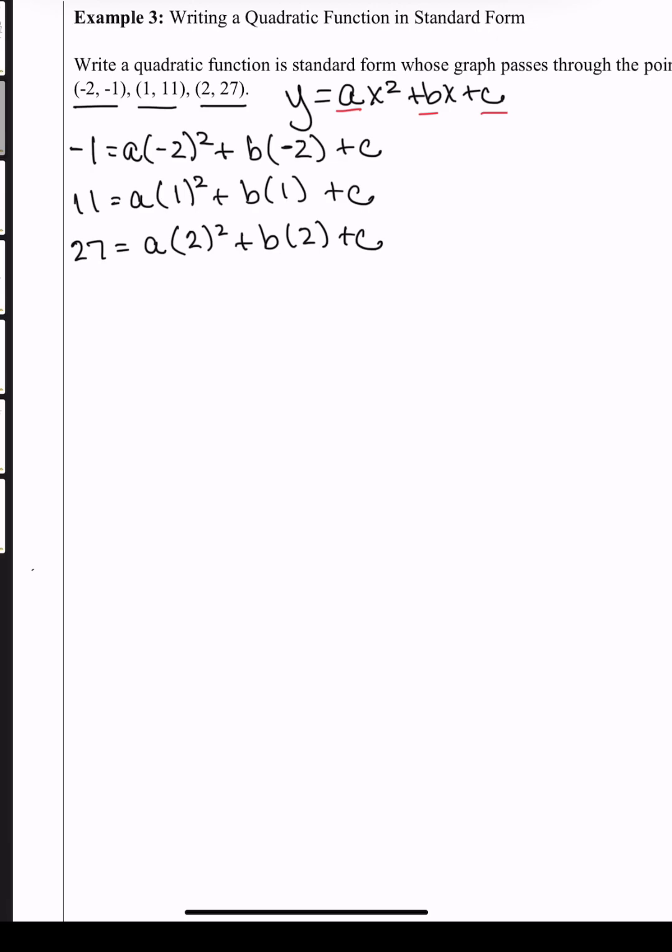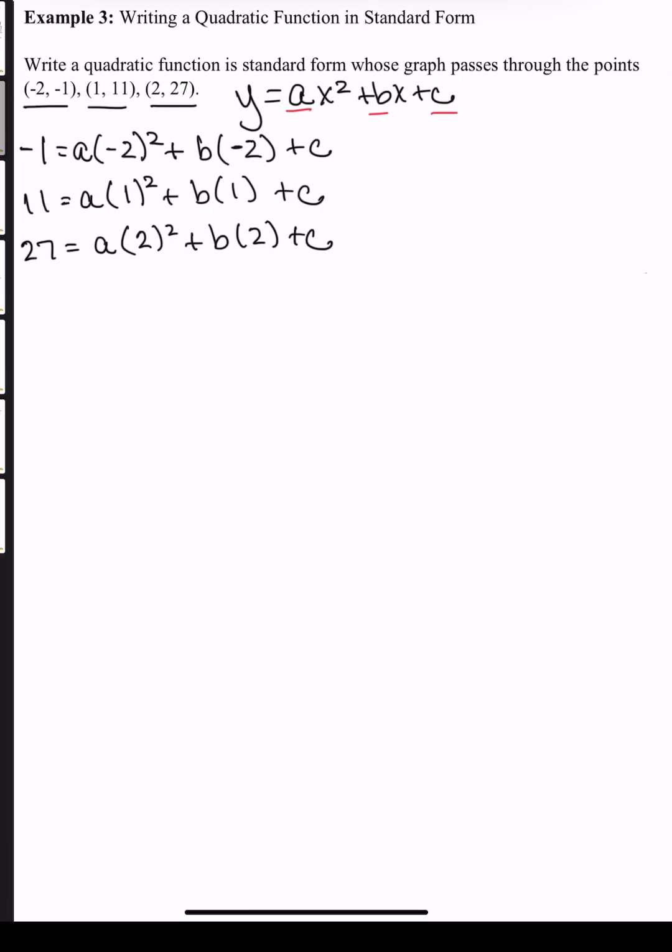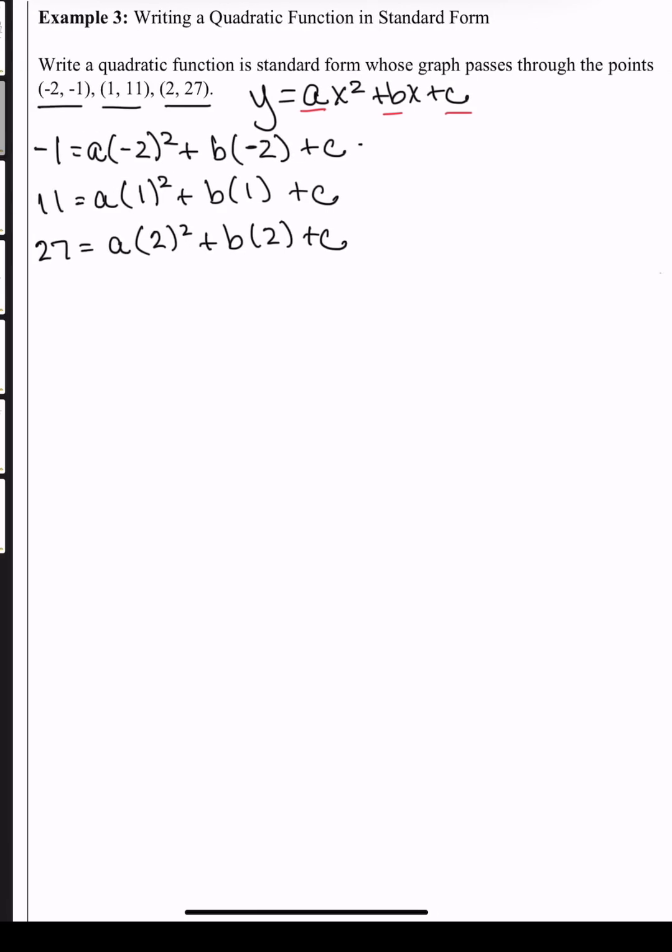I'm going to now take each one of these equations and simplify them. I'll go over here to the right. So my first equation becomes -1 equals, now -2 squared, well, that's 4, so that's 4a minus 2b plus c.